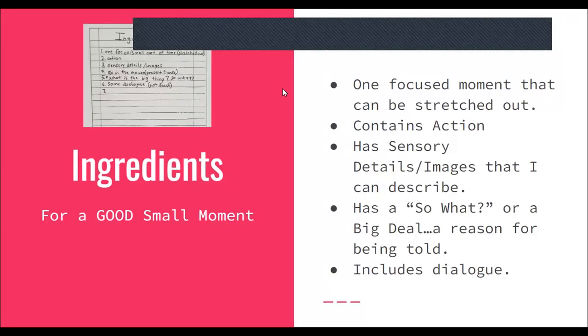Miss, what did it say in number 4? You just need to write the ones that are right here on the big one. One focus, moment contains action. Okay.